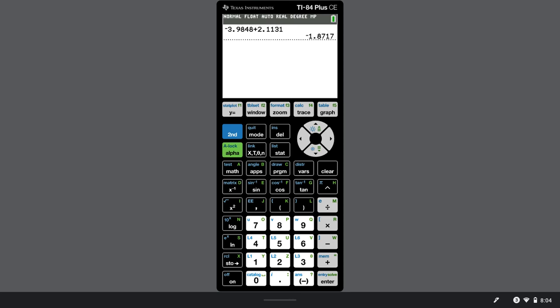Negative 1.8717. I'll add the other 2 as well. 0.3486 plus 4.5315. All right. And 4.8801.